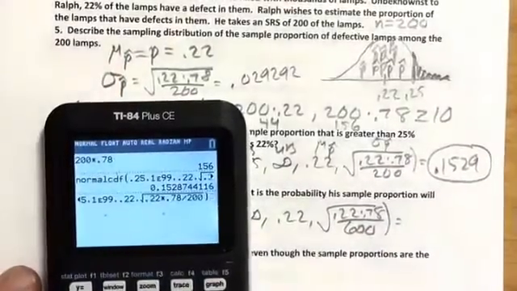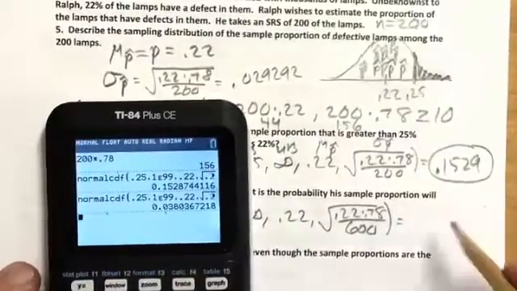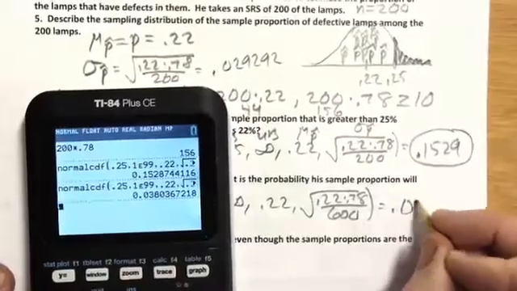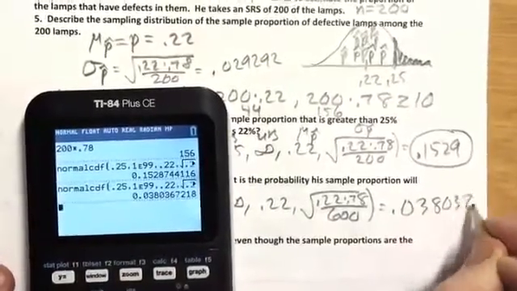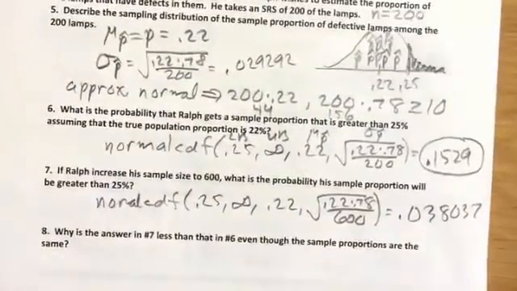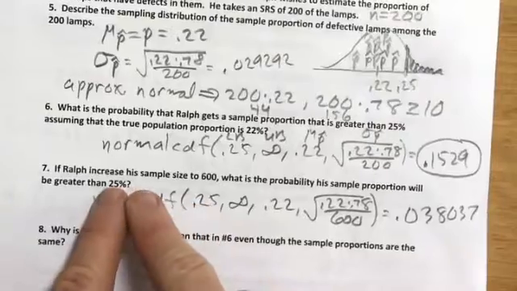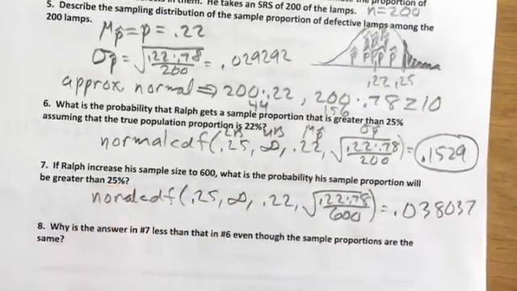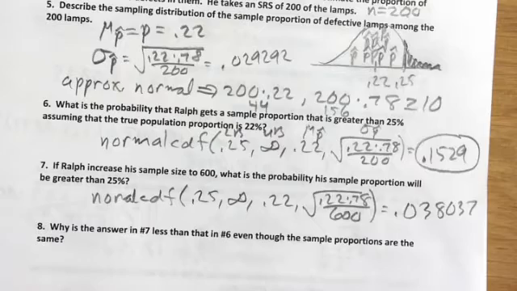When I just change the sample size to 600, look what happens to my p-value in essence: 0.038037. Even though my sample proportion was the same, now there's less than a 5% chance that that would happen. Okay, so why is that?